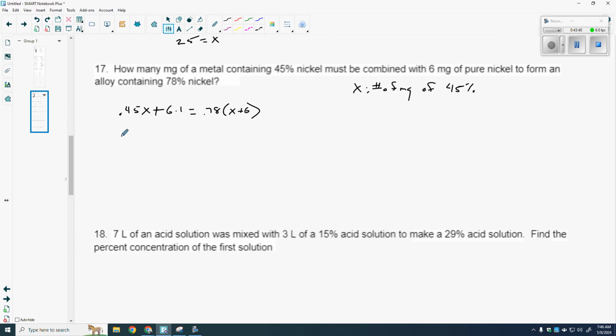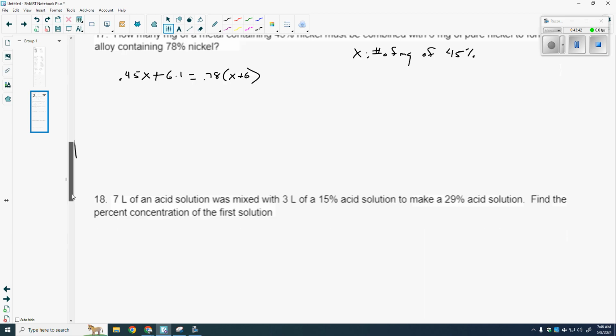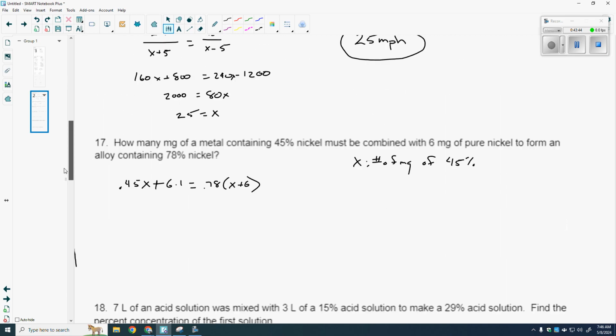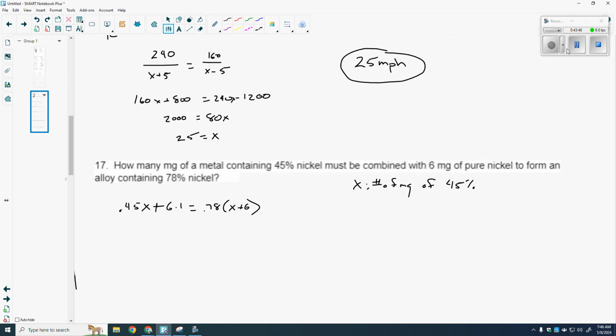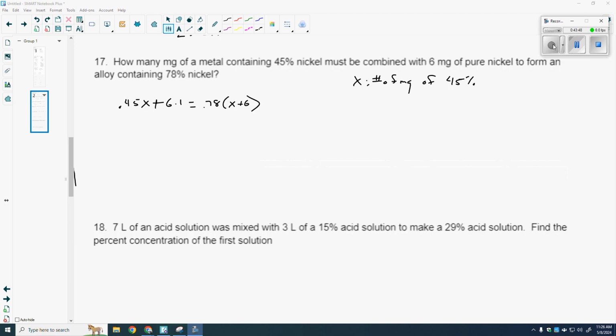Okay, solve. All right, so let's solve this thing. It's pretty much a basic linear equation. All of the ones before this have been quadratics, but this one's not. So it's just going to be combine like terms on the right-hand side.